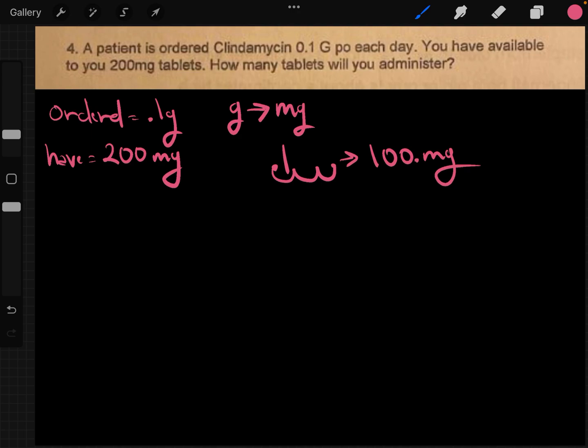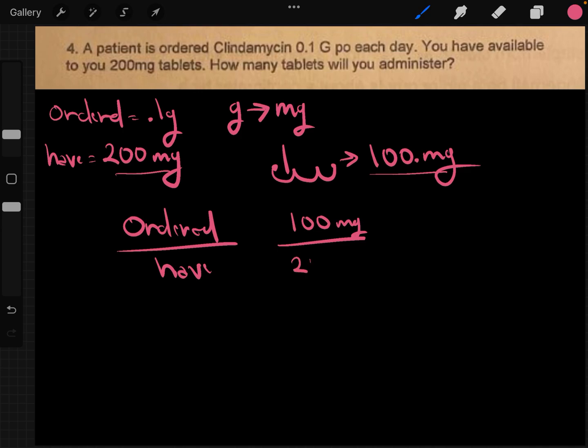Okay. So when doing this, remember, we're doing ordered divided by what we have. Now that they're in the same units, it's going to be 100 milligrams over 200 milligrams. I'm going to do the math off screen. Okay, that leaves us with 0.5.